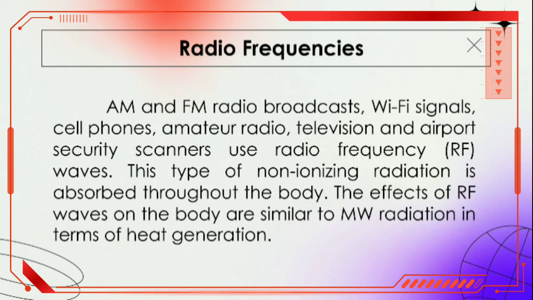Like microwave radiation, radio frequency waves are divided into categories: high frequency, medium frequency, low frequency, and very low frequency. There is no scientific proof that RF non-ionizing radiation increases the risk of cancer or causes any harmful effects on the body.